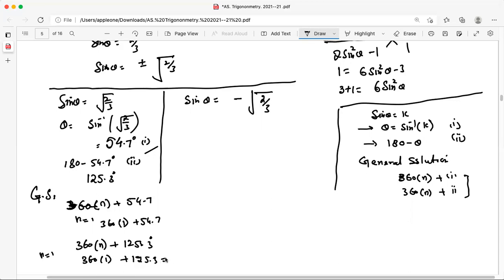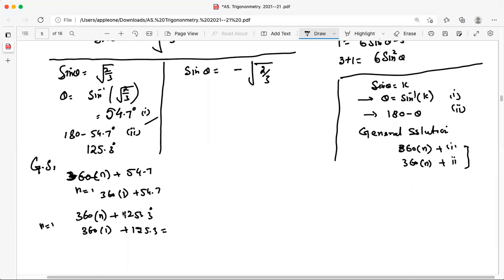Now see, this answer is 360 plus 125.3, which is 485.3 degrees. So see, sine of 485.3 degrees, what's it giving to us?